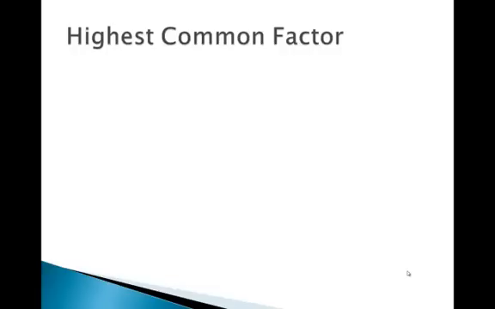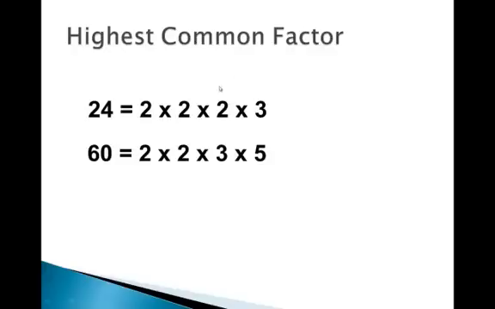The next step we need to do is draw them in this way. So this is our factors. We're saying the factors of 24 are 2 multiplied by 2 multiplied by 2 multiplied by 3. The factors of 60 are 2 multiplied by 2 multiplied by 3 multiplied by 5. So the next thing we need to do is, what do they have in common?